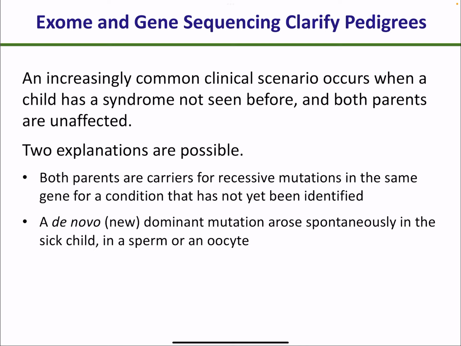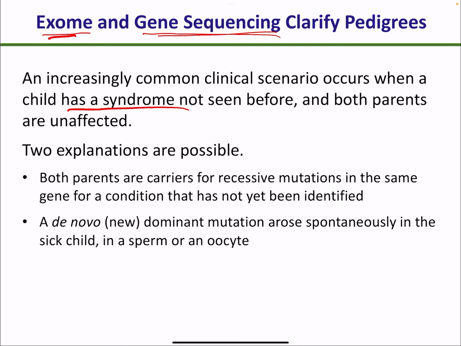So basically, exomes and gene sequencing are used to address situations including when a child has a syndrome that has not been seen before, while both parents are unaffected. These are what we call orphan diseases, right? Many of these orphan diseases are studied by looking at exomes and gene sequencing.